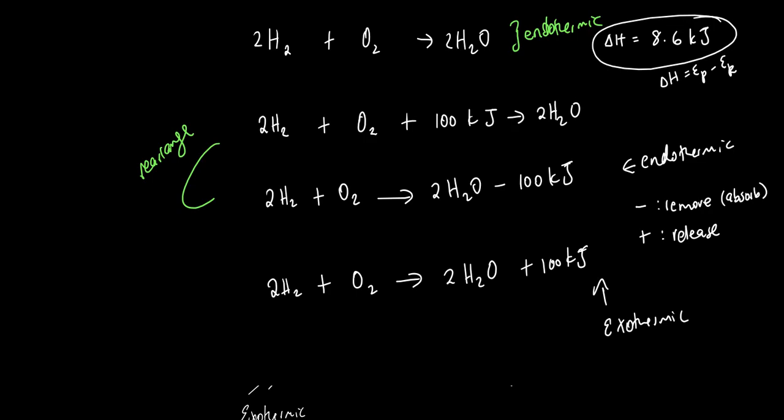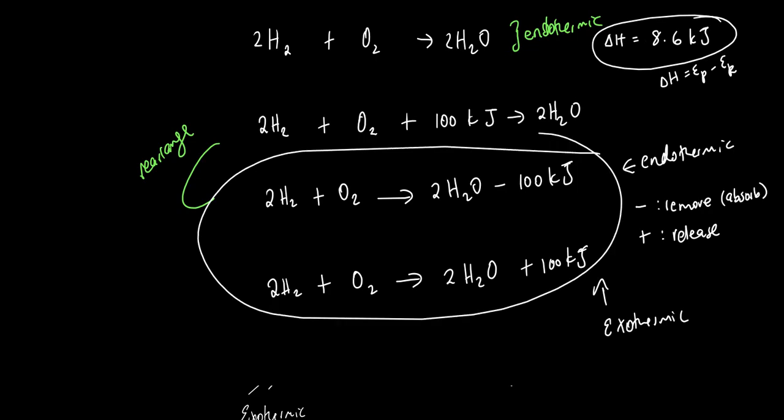Plus release, minus absorb. And so I was saying that these type of questions are different from when you are given the enthalpy. For the enthalpy, if it's plus, it's endo, whereas if it's minus, it's gonna be exo. So enthalpy is the opposite of whatever we are saying here. I don't know if it's clear.